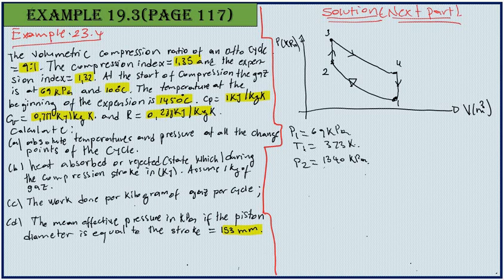Having these three elements, and knowing that the process is adiabatic, we can determine T2. So we need to choose the relation that combines the pressure and the temperature.